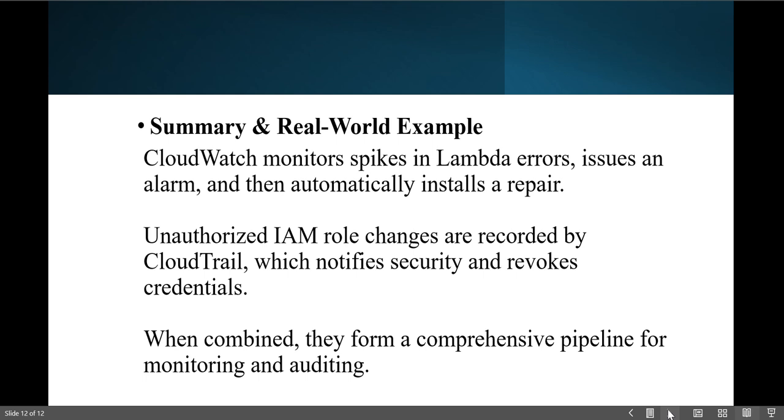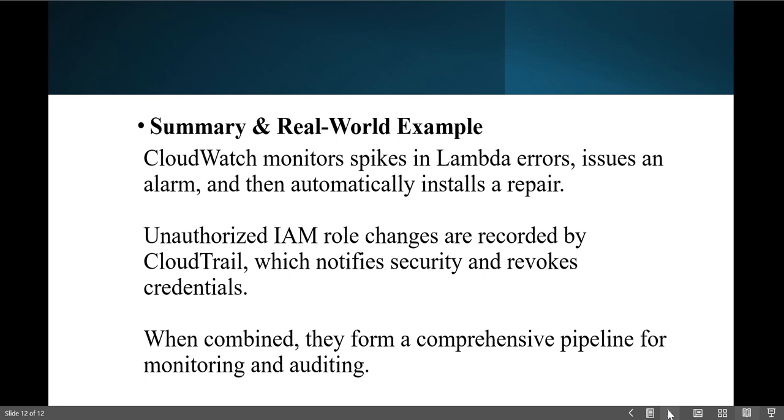Summary and real-world applications: CloudWatch monitors spikes in Lambda errors, issues alarms, and then automatically starts a repair. Unauthorized IAM role changes are recorded by CloudTrail, which notifies security and revokes credentials. When combined, they form a comprehensive pipeline for monitoring and auditing.